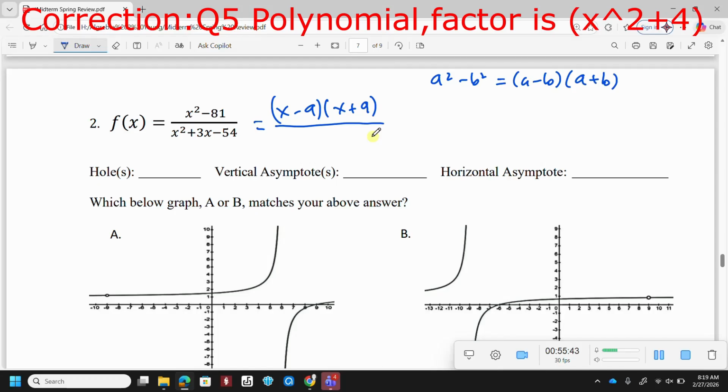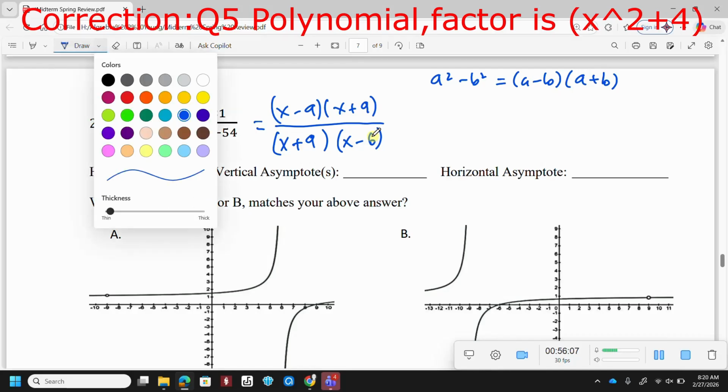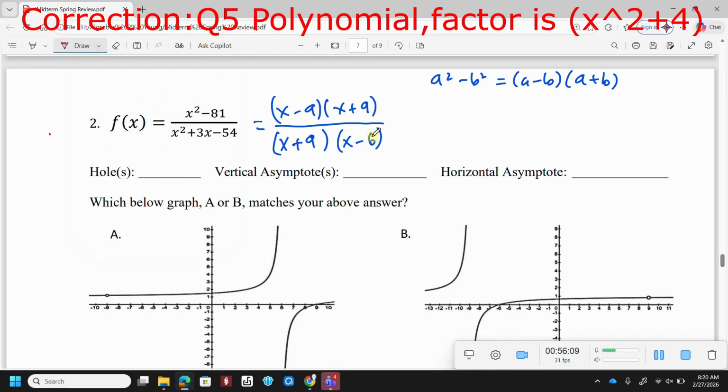On the bottom, we need two numbers that multiply to -54 and when you add, you get 3. So it is 9 and 6. You want positive 3, so the positive number is going to be the bigger number, so x plus 9 and x minus 6. Then you can cancel this, so you can cancel this too, right?